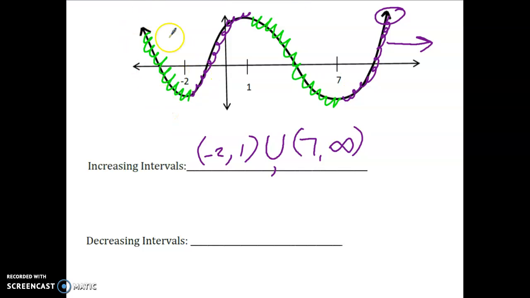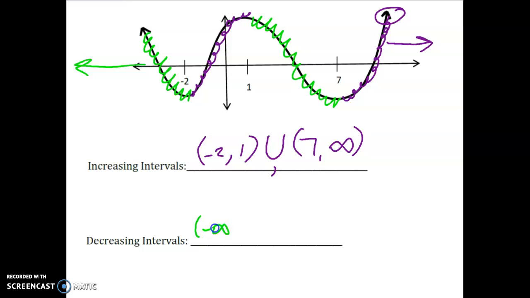Okay, so let's do this one first. Now remember, we're not going to consider the fact that this is moving up because that's a y idea. We're going to think about the fact that it's moving to the left. As you are coming from the left-hand side, this graph is decreasing, decreasing, decreasing until I get here to -2. So what's the farthest to the left that my graph can go?